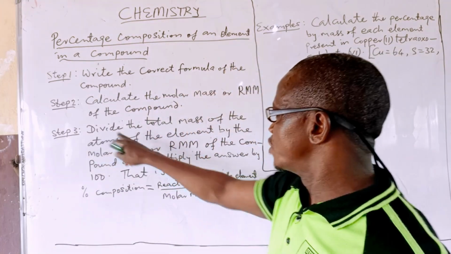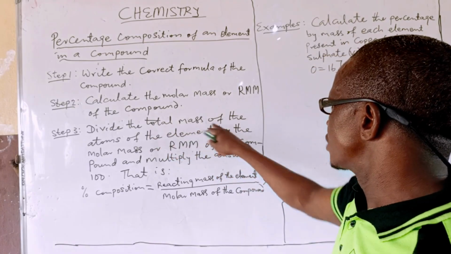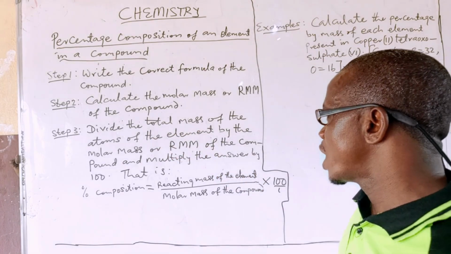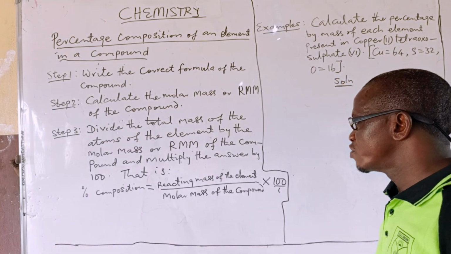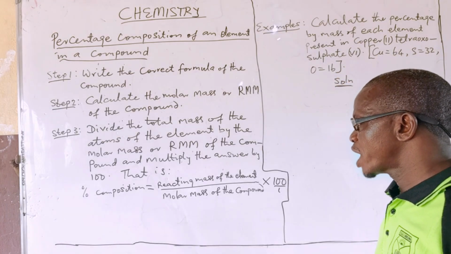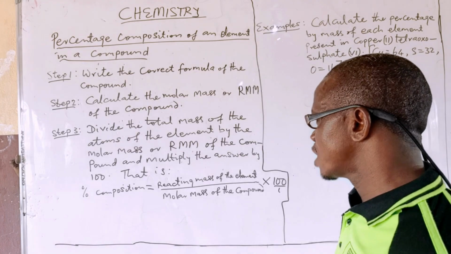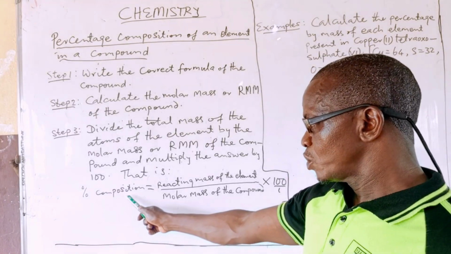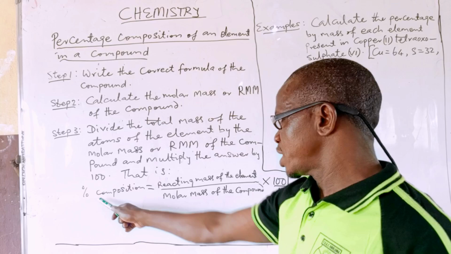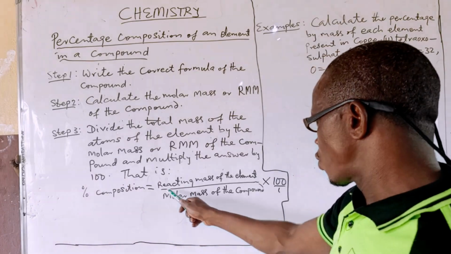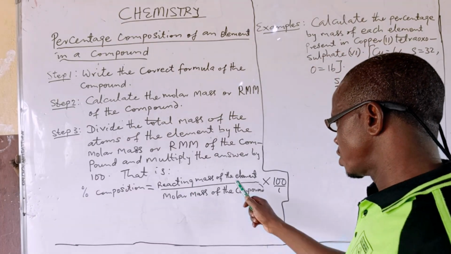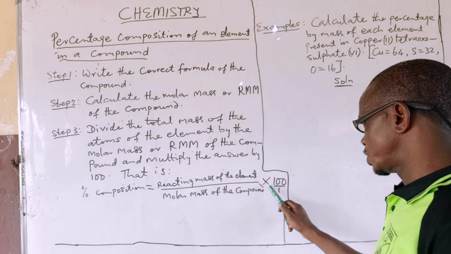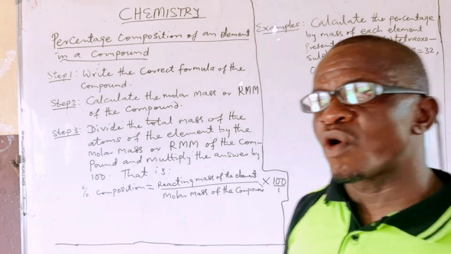Number three, divide the total mass of the atoms of the element by the molar mass or relative molecular mass of the compound and multiply the answer by 100. That is, percentage composition equals the reacting mass of the element all over the molar mass of the compound, times 100 over 1.